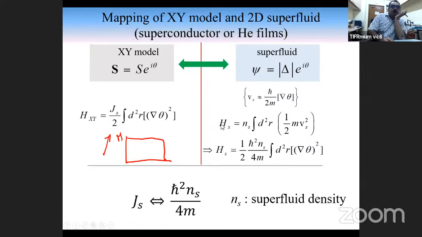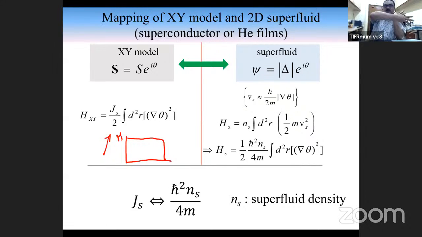So if I want to find the kinetic energy of the superfluid, that will be half mv squared per electron times the superfluid density, integrated over the area.